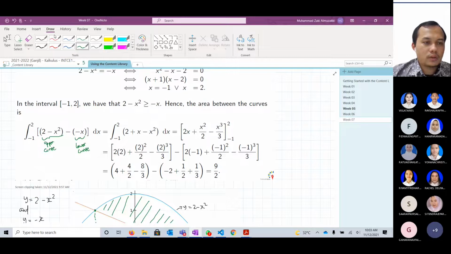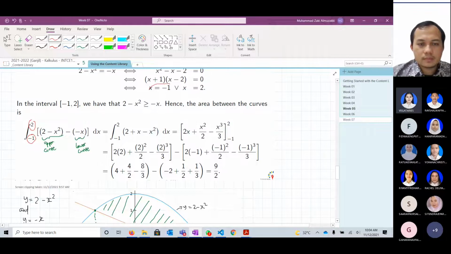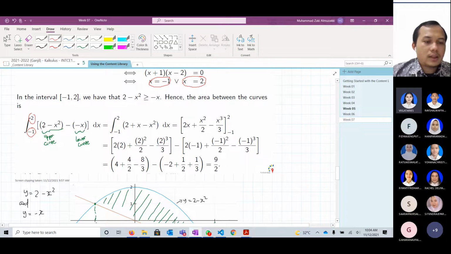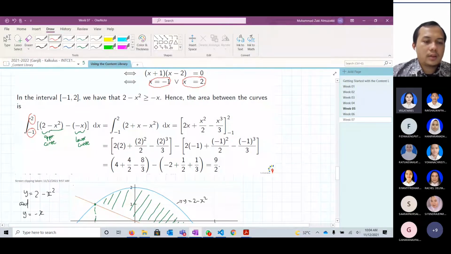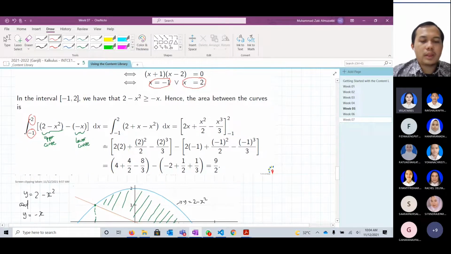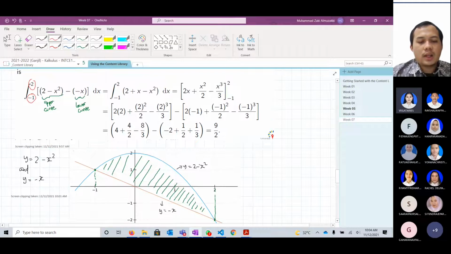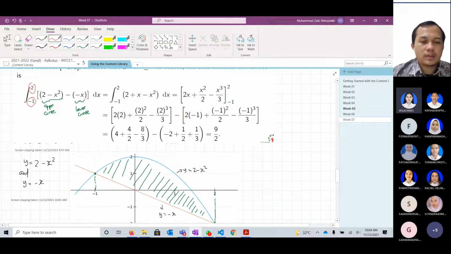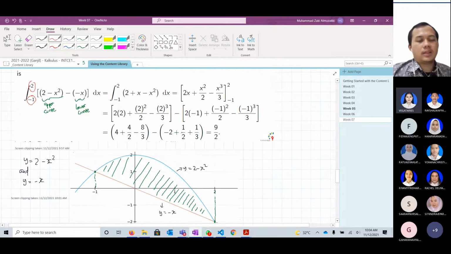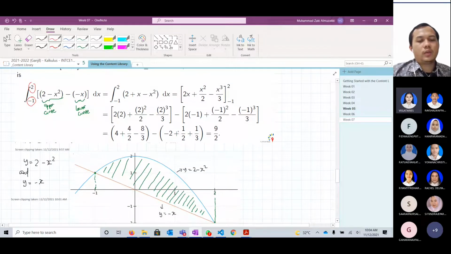The limits are from minus 1 to 2. Then the integrand is the upper curve minus the lower curve, yeah. So we have 2 minus x squared minus x, because the upper curve is 2 minus x squared and the lower curve is minus x. We integrate with respect to x, then we finish the integration. Any questions? Example?